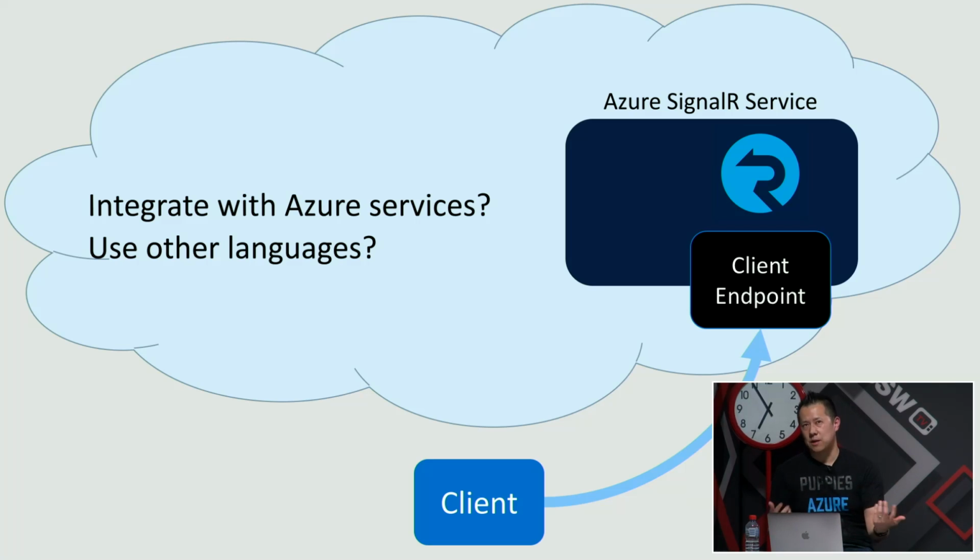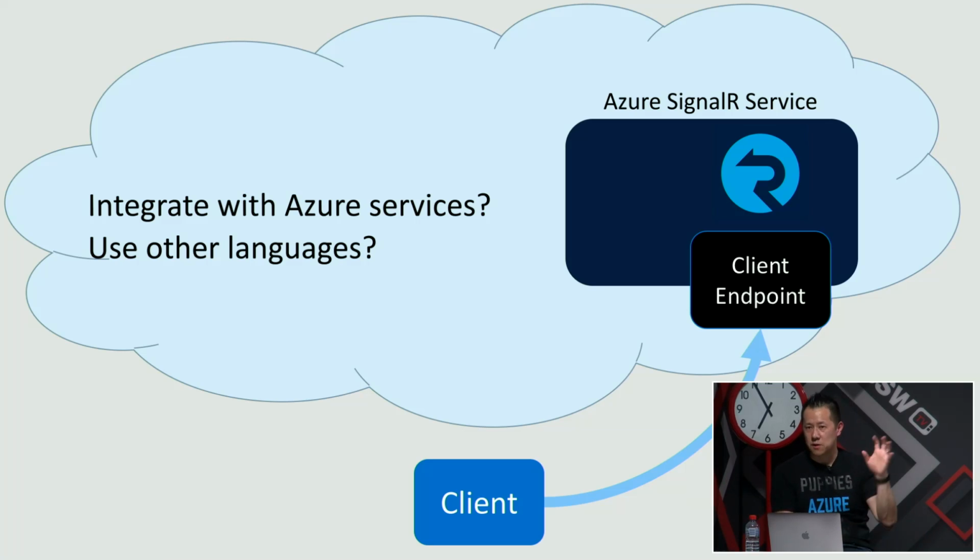Typically, when a client invokes something on the server, it's really just one invocation on the server. And when the server decides it needs to send a message to everybody, it just sends one message to the service to say, hey, please send this message to everybody. Then the service is the one that figures out who's connected and sends it to everybody.